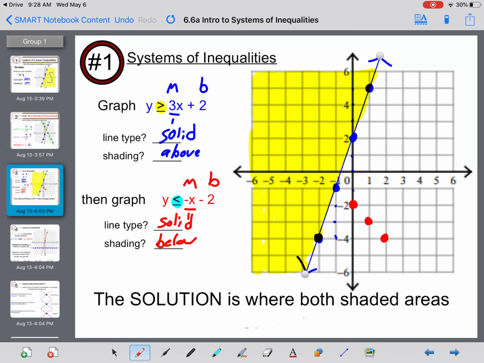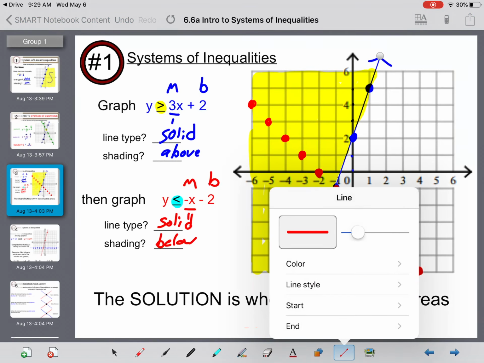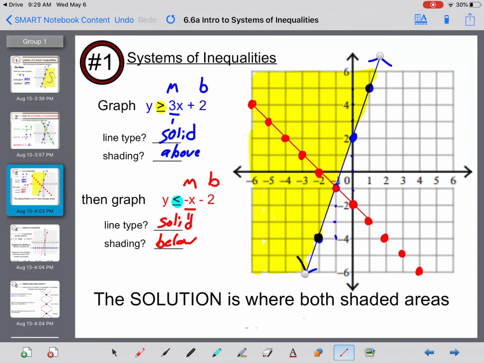Start at -2, go down 1/1, follow that pattern. There's your inequality.